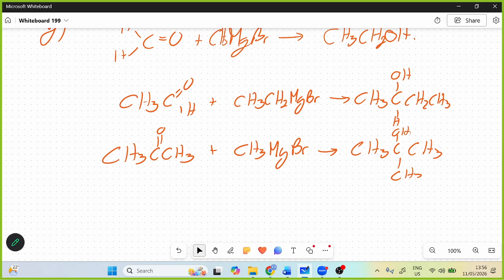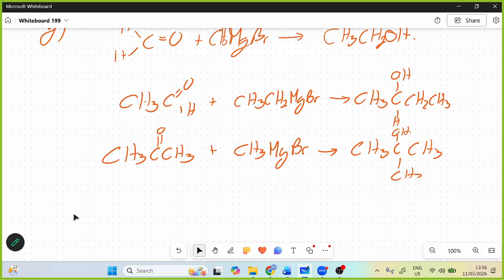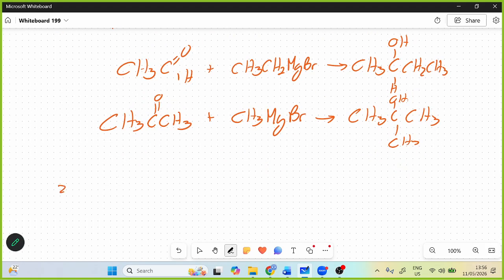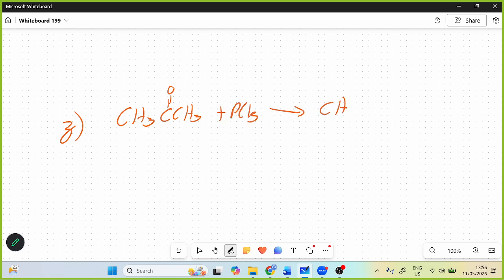Z is propanone with PCl5. This is the addition of two chlorines.